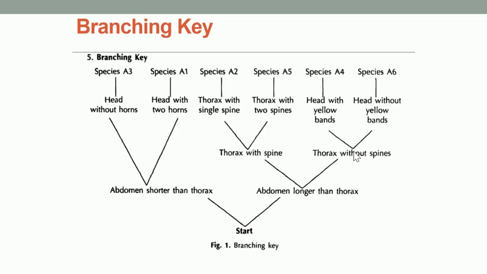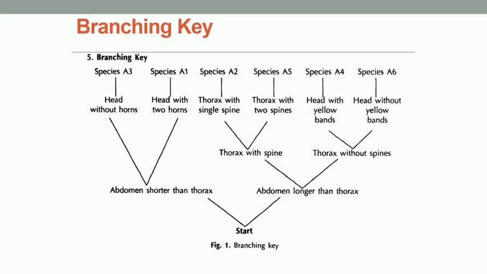Suppose it is without spines, then I will have to go to this branch. Then I will see the next character, that is whether the head is with yellow bands or without yellow bands. Suppose my specimen has yellow bands on its head, I will rightly classify it as belonging to the species A4.